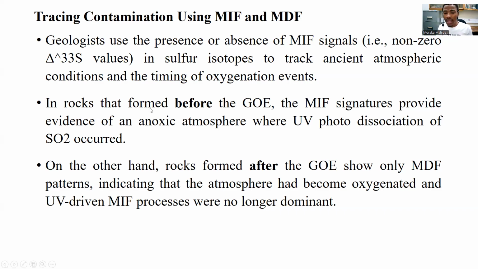Now, in rocks that formed before the Great Oxidation Event, the MIF signatures provide the evidence of the reducing conditions, wherein the UV photodissociation of sulfur compounds occurred. And when that dissociation was happening, the reaction did not happen because we did not have any oxygen to combine with the products.